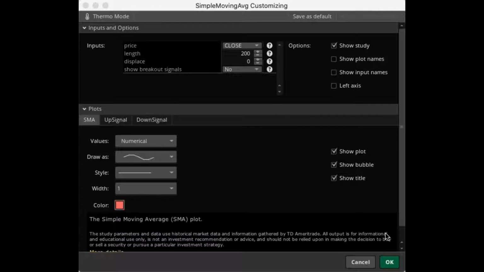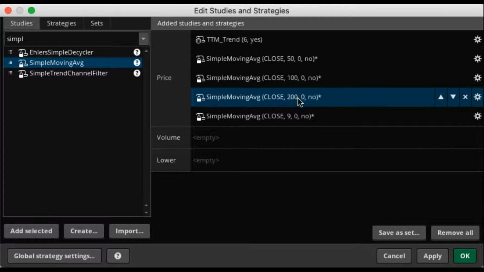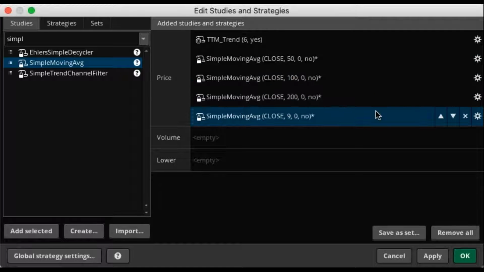Oh, we'll keep it red. And then we will push OK. So now we have the 200, the 100, and the 50.